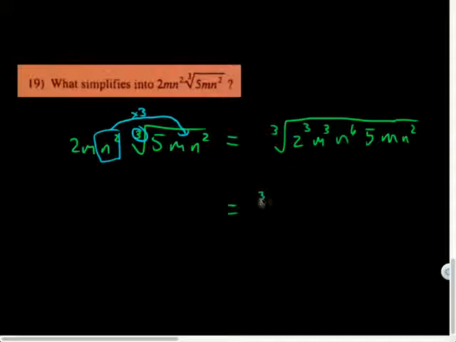So this is going to be the cubed root of 2 cubed is 8, times 5 is 40, m cubed times m to the first, oh yeah, come on guys, represent, m to the fourth, and n to the sixth times n to the second, add those exponents, what do you know? And I can even get rid of this extra long vinculum on that radical. How do you get from 2 to the third was 8, and 8 times 5 was 40. So, yeah. Just trying to save us a little bit of work.